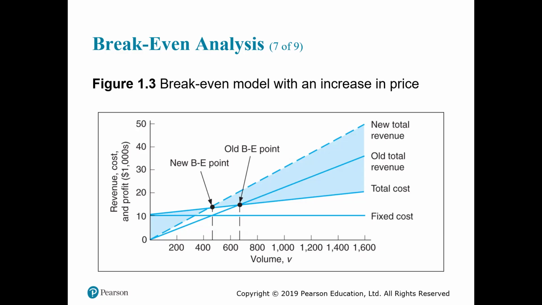Now, what happens if, for instance, variable cost increases? Will the break-even point shift to the left or to the right, holding other factors constant? The variable cost has increased. To the right, why? Yeah, you have to produce more. It will cost you more to produce any unit.